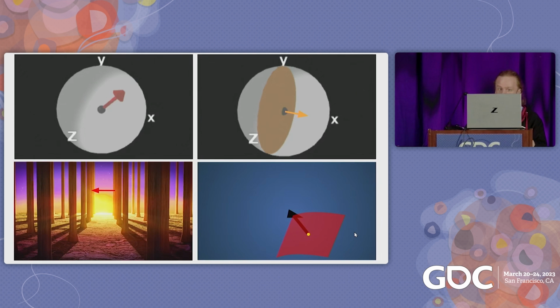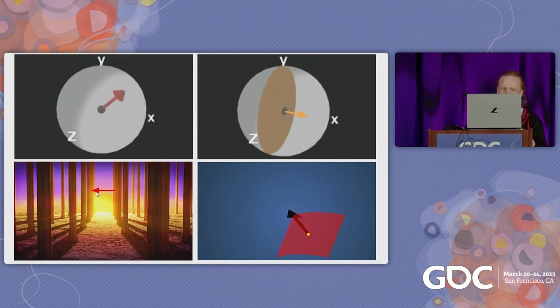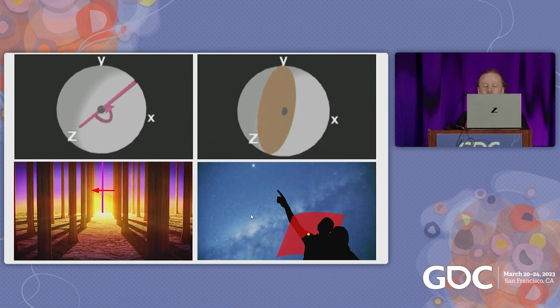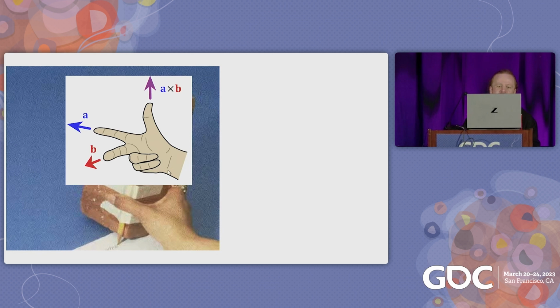One thing that you might have noticed that I've been doing a lot of in this lecture is taking vectors and then making them fade out and replacing them with something else, with the exception of the translation vector, sort of, though I've added this line in here. And the reason for that is because vectors are not that good of an idea. It depends on what you mean by vector, but if you define a vector as the thing that goes into and comes out of the cross product, it's a terrible idea.